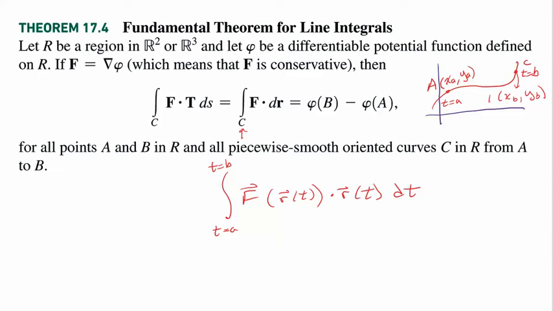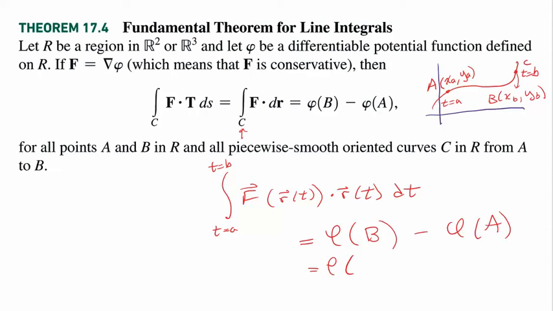I'm going to call this point B. So basically what we're saying is if we know that f is conservative and we know that phi is the potential function for f, then all we have to do to find this line integral is plug b into phi and plug a into phi and subtract them.